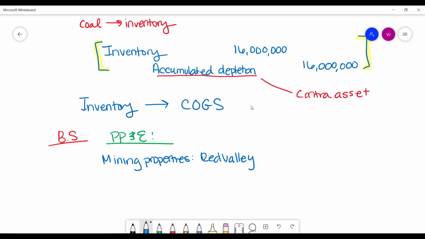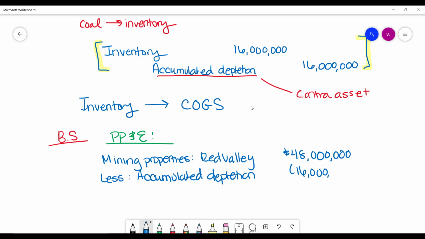Remember, we paid initially $48 million for that, so you'd see the Red Valley mining property listed at $48 million, but right below that we would list its accumulated depletion account. So less accumulated depletion for the Red Valley mine, and we know the accumulated depletion at this point is $16 million. So the amount left over of that mining property that has not yet been depleted is $32 million.